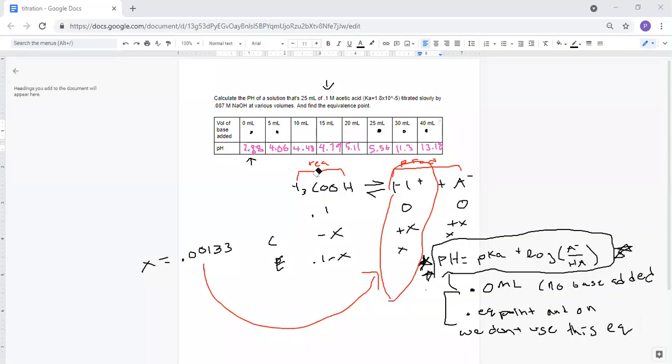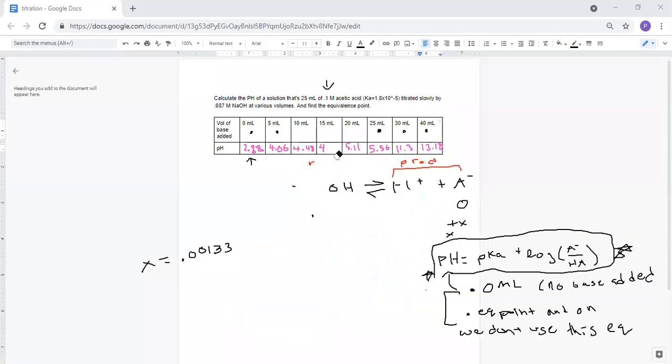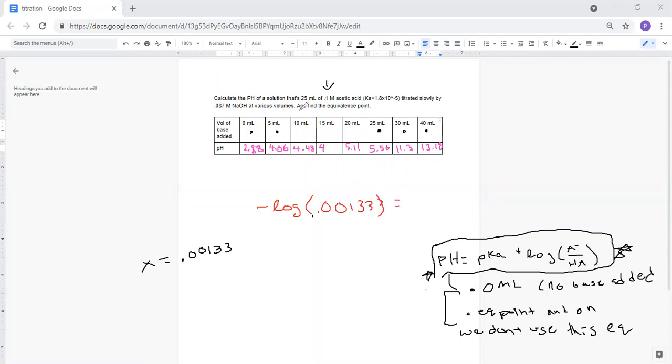So let's just take that, figure that out. According to calculations I've done, the negative log of 0.00133 equals 2.88.